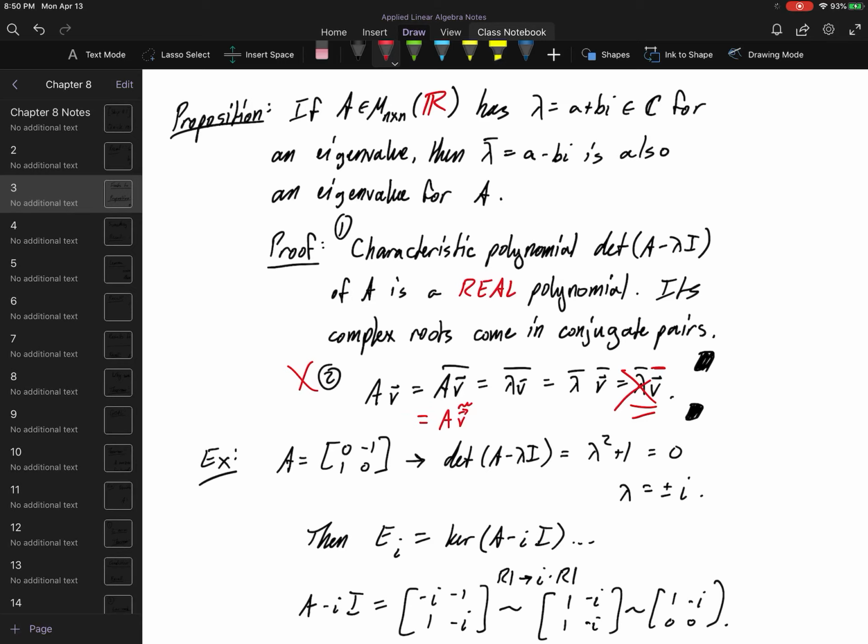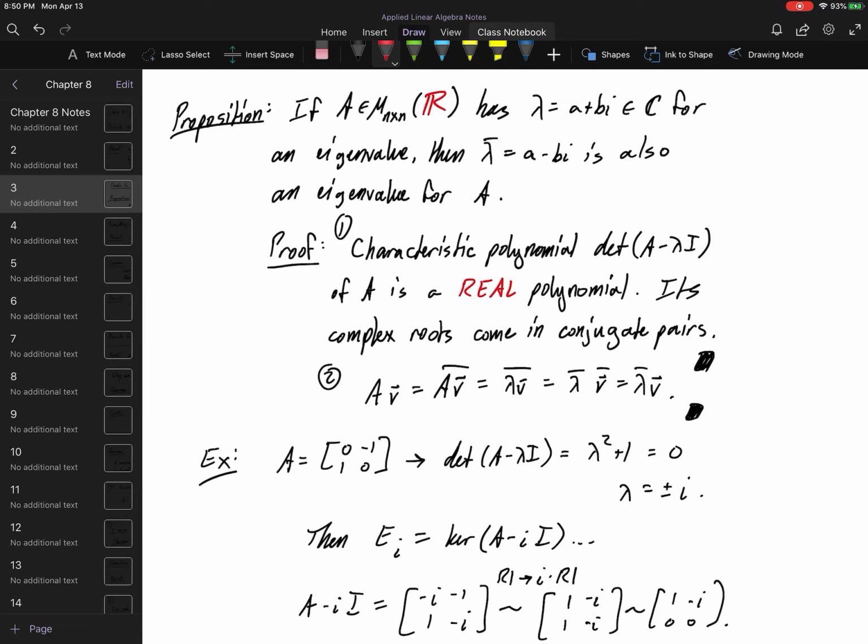So it's more to the point that the matrix is real, so that the conjugate bar only affects the eigenvector portion and not the matrix portion. But either way, however you'd like to see this, I'll have to retool the proof there, so I'll come back to it. But at the very least, proof 1 is correct, right?